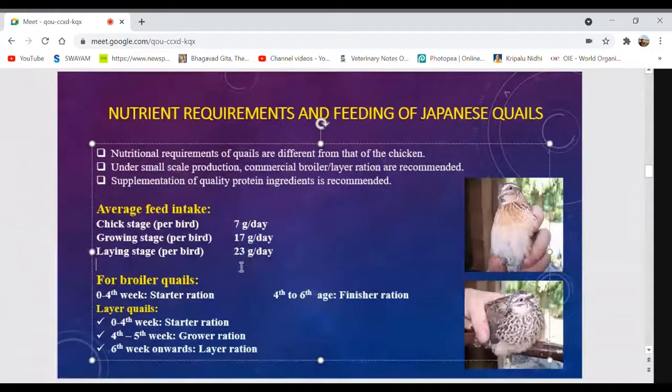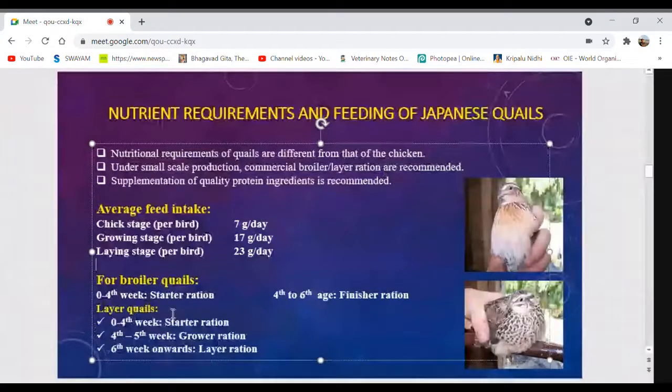Nutrient requirements are different. For small scale production, like 10, 20, 50 or 100 birds, commercial broiler or layer ration may be fed. Commercial broiler ration may be okay for broiler quails, and layer ration during the laying stage for layer quails.